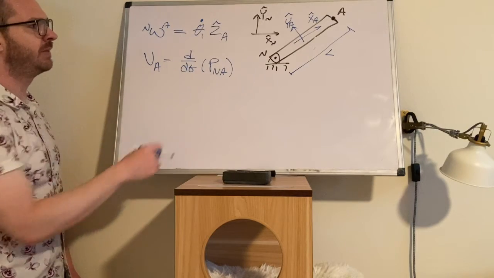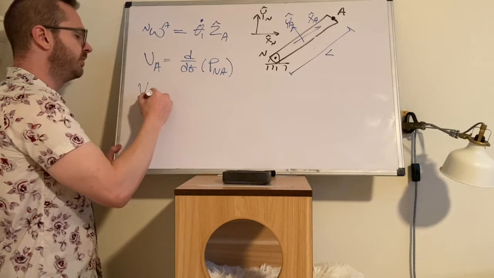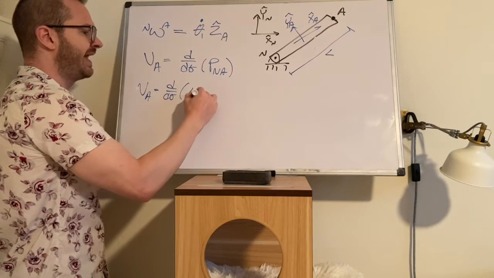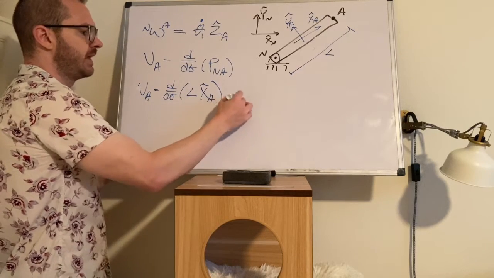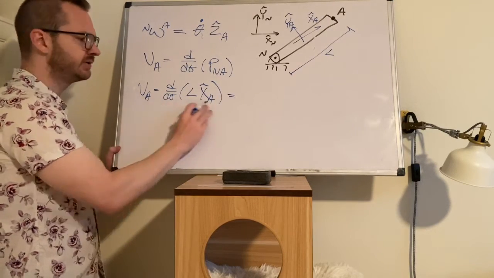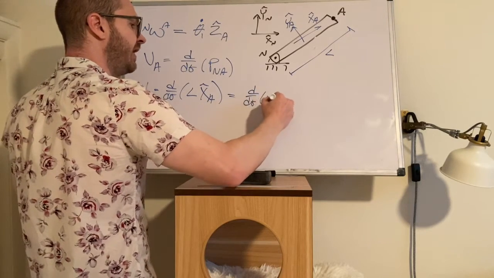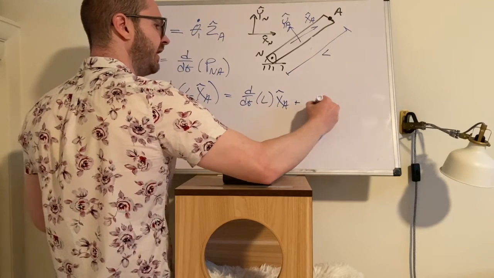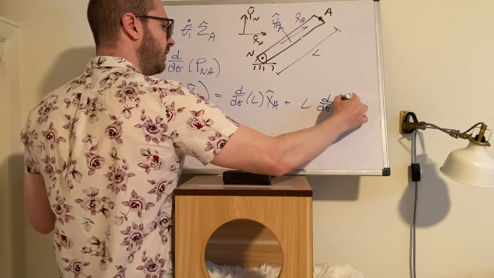I'm going to take these little baby steps so that we're all on the same page. So we're going to take the position vector P into A, and drop it in here. It is L in x hat a, and we can do a product rule expansion on this term: d/dt of L multiplied by x hat a, plus L d/dt of x hat a.